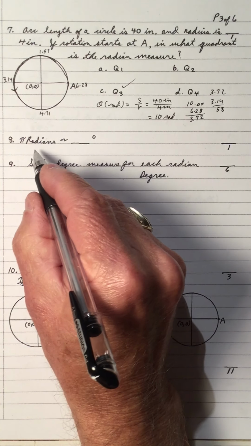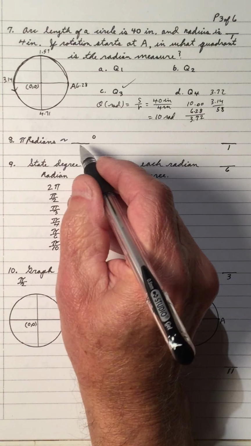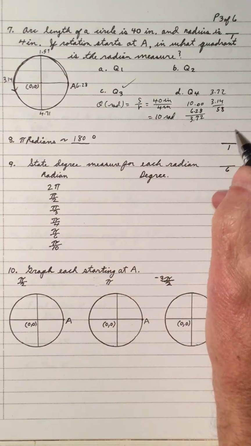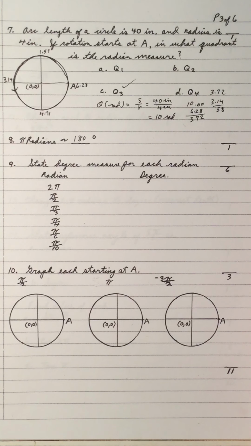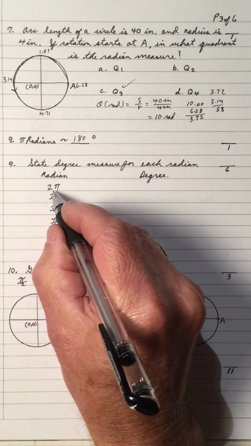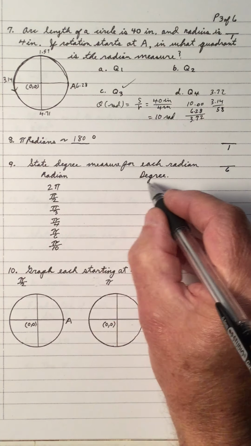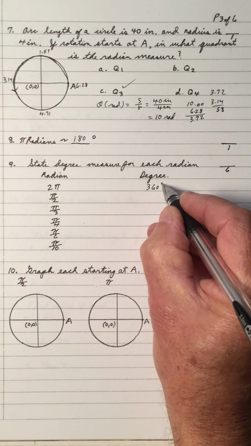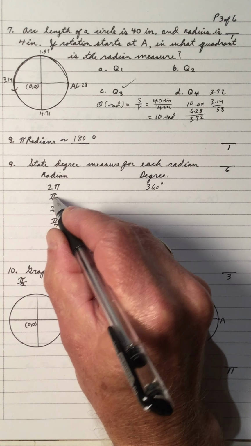Pi radians is equivalent to how many degrees? 180 degrees. If you have 180 degrees, give yourself a mark. State the degree measure for each radian. Well, 2 pi is all the way around. 2 times 180 is 360. And pi is 180.